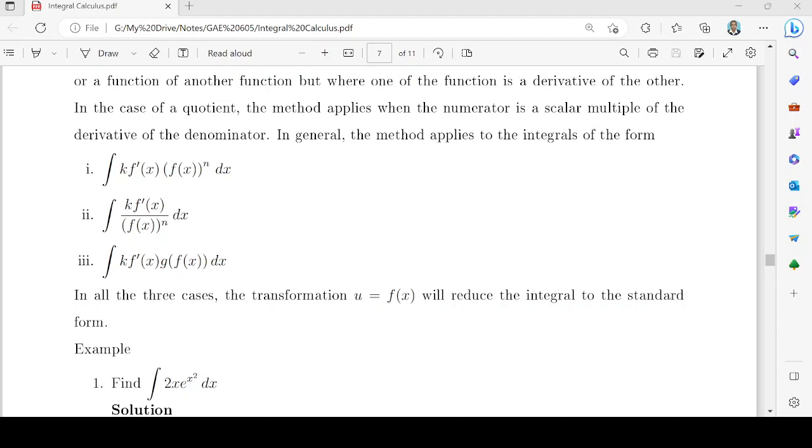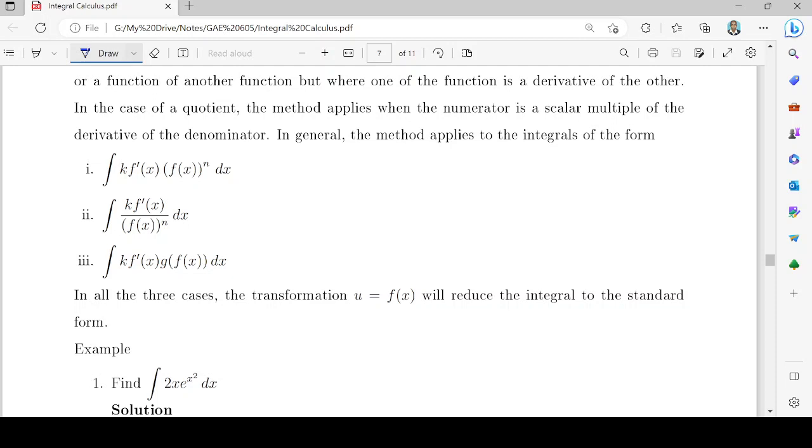Before we go to the example itself, we have said that the transformation u will reduce the integral to some standard form. What do we mean by the standard form? The standard form is the form where the integral can be achieved by the use of the rules of integration.